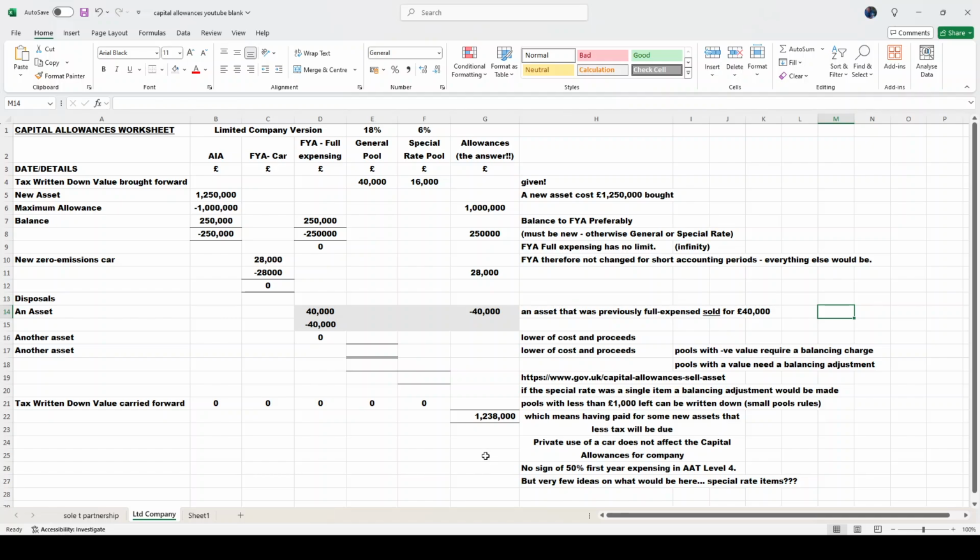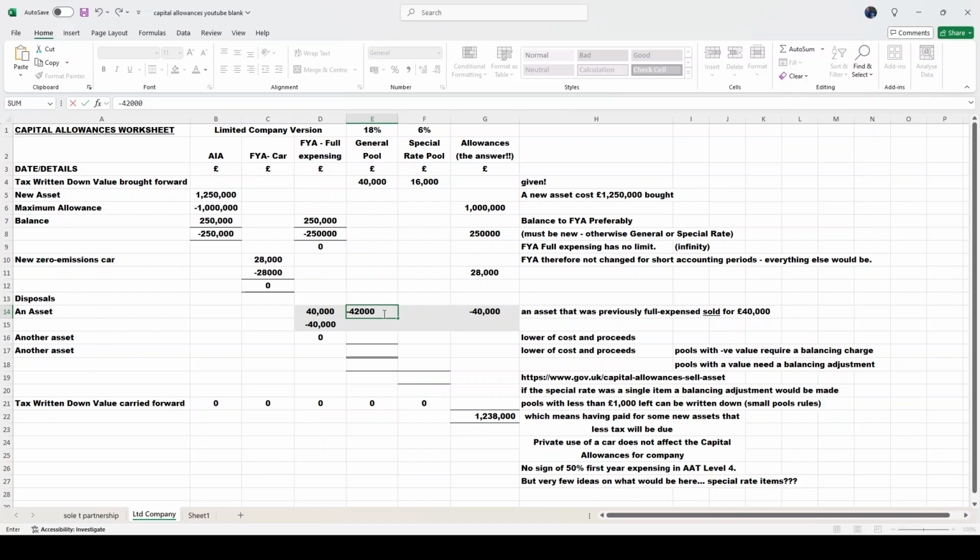Now we're next going to do an adjustment that reduces the value of the pool. So the general pool, we'll put something in to wipe it out and more. This is because the pool is a depreciated, or tax depreciated, value.